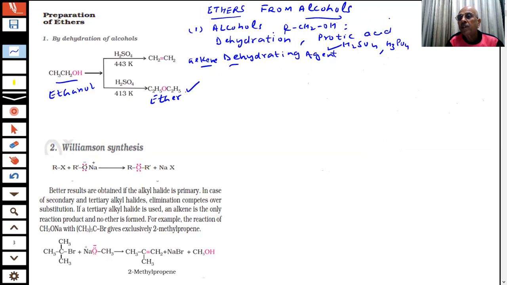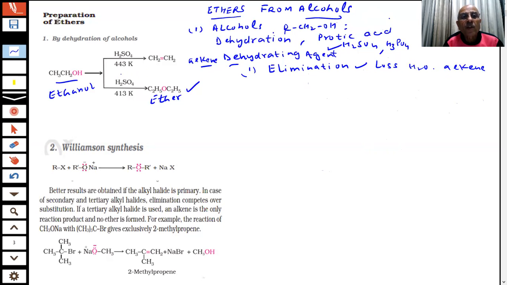This is a point to be noted, students. Very important: just with the change of temperature, I am using H2SO4 in both cases. At higher temperature, elimination is taking place. There are two things which are happening, as we already discussed in alcohols. One is the elimination reaction. Students, what happens in elimination? Loss of H2O takes place and you are getting an alkene.